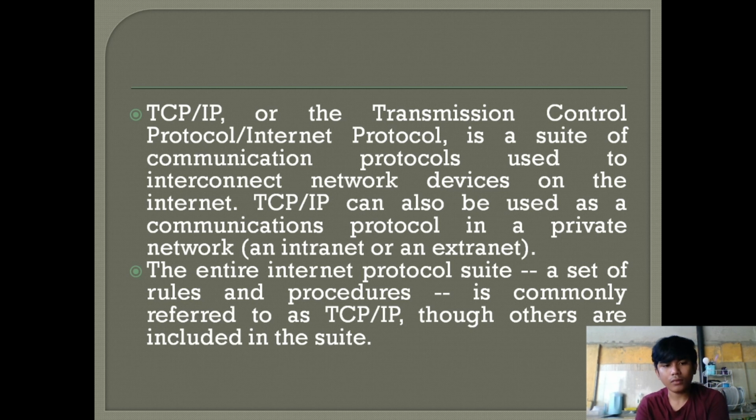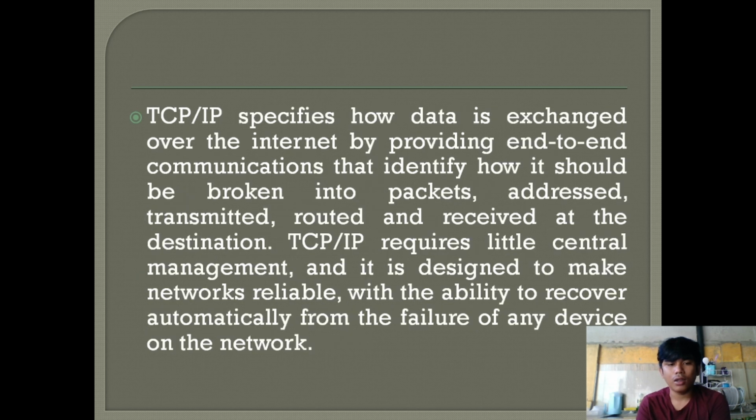The entire internet protocol suite, a set of rules and procedures, is commonly referred to as TCP/IP. Others are included in the set. TCP/IP specifies how data is exchanged over the internet by providing end-to-end communication that identifies how it should be broken into packets, addressed, transmitted, routed, and received at the destination.